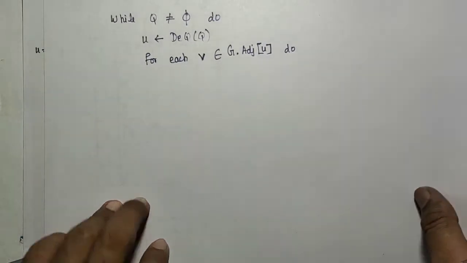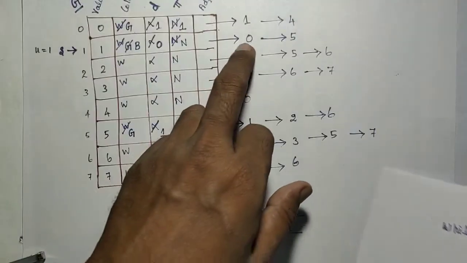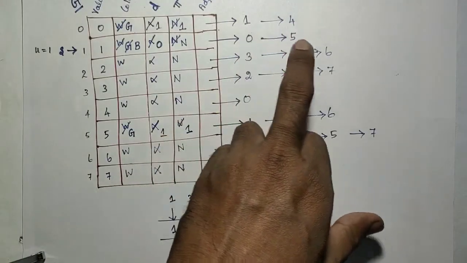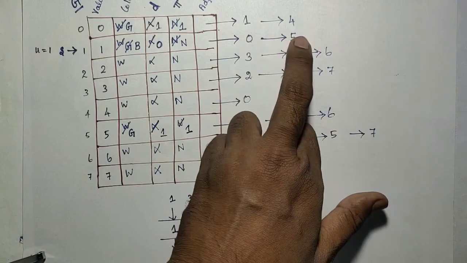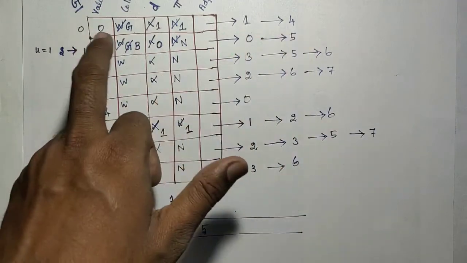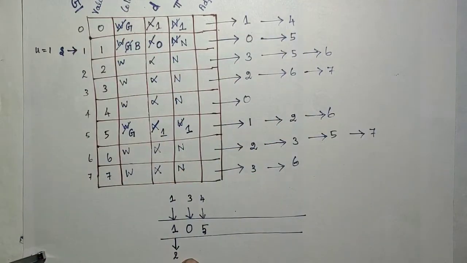For each node in that list, do the following. This loop will get executed for V equal to 0 and V equal to 5. When V equal to 0, that node has to be visited and enqueued.